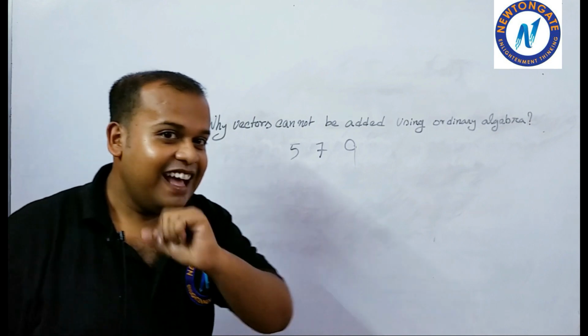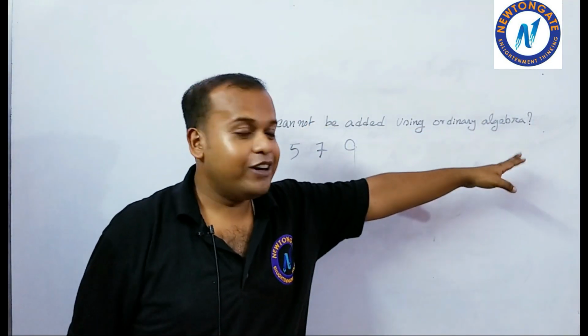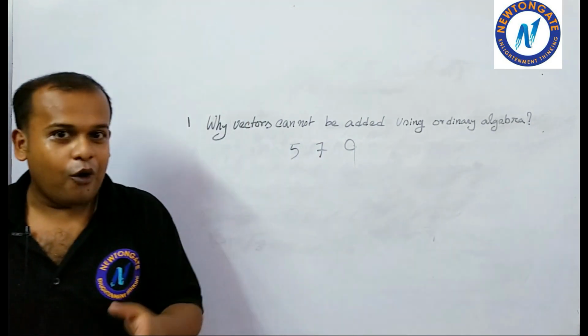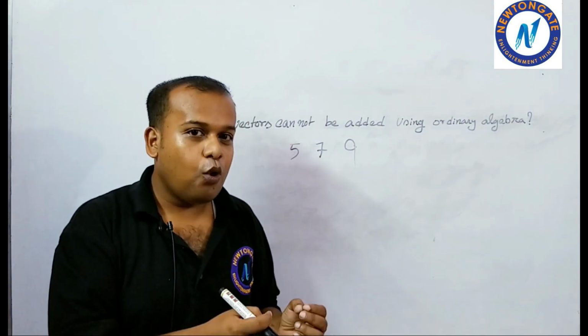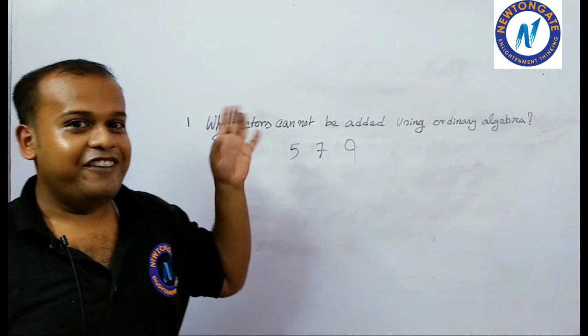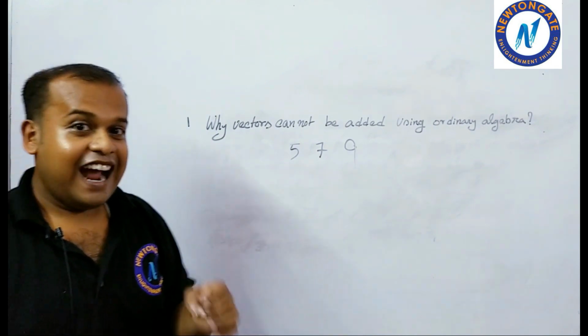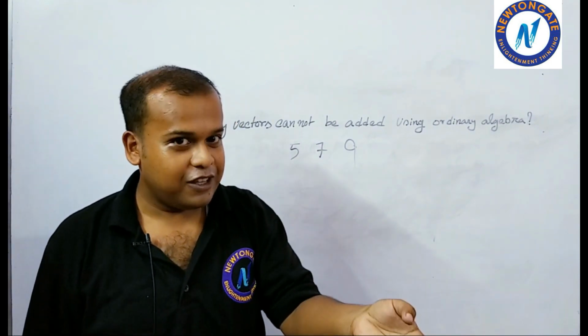And that is the actual reason why vectors cannot be added using ordinary algebra, because ordinary algebra has scope for only scalar values, and vectors are composed of scalar values as well as a direction associated with the vector.